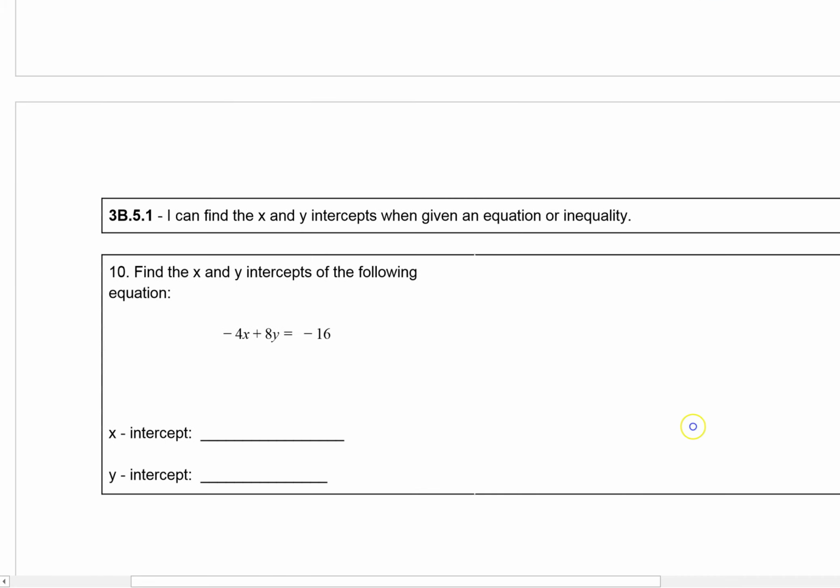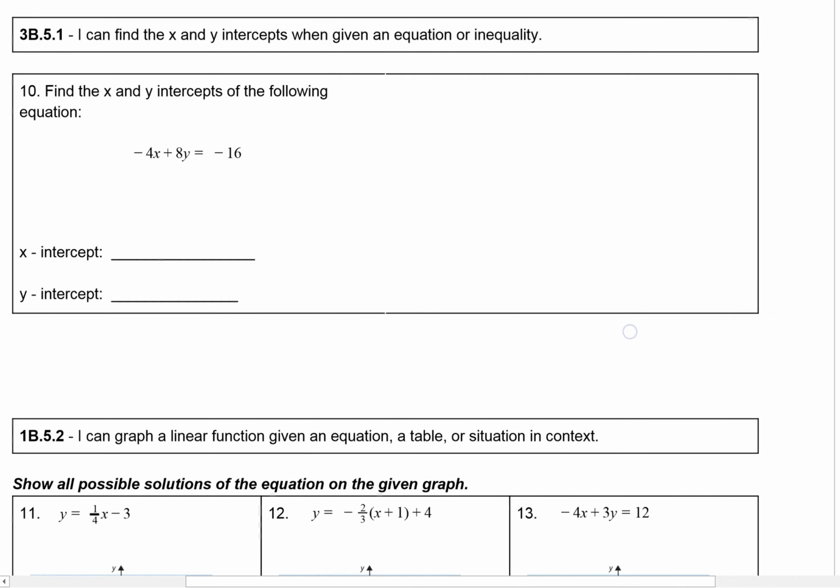As we go over to problem 10, this is on page 2, they want us to find the x-intercept and the y-intercept. Now please remember that the x-intercept, we always let y equal 0. We always let the other variable become a 0.